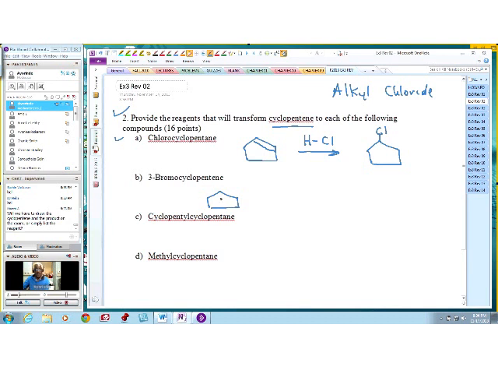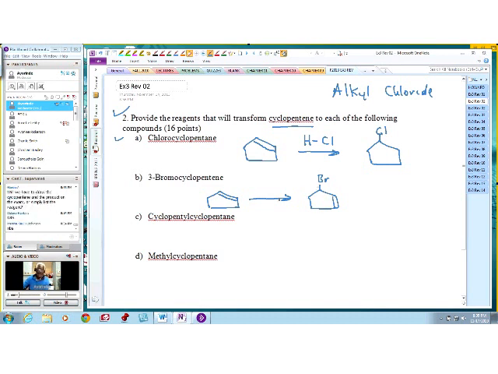So we have here again this, and then it says... Now what reagent do we need to make this?